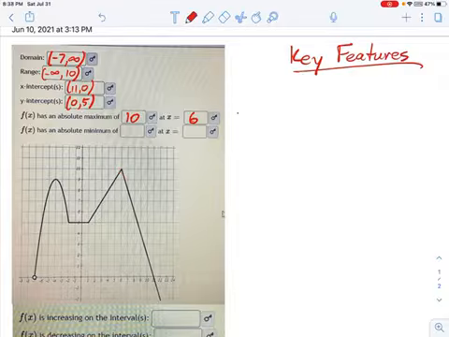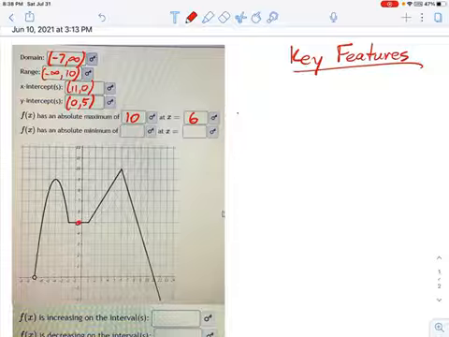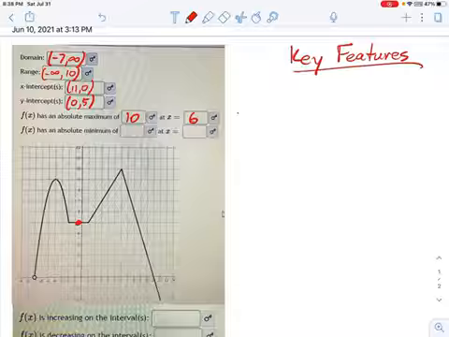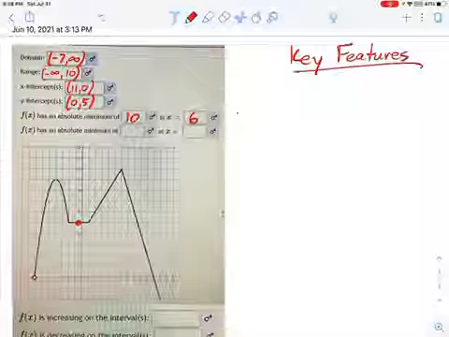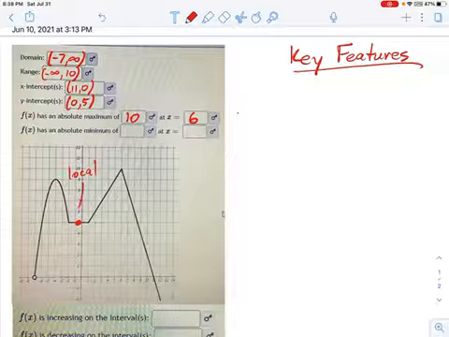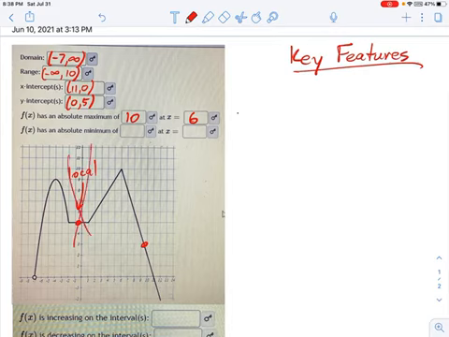Now, minimum. Let's talk about that. What's the absolute minimum? Well, here's a relative minimum, a local minimum, because if you look either left or right from that dot, nothing is lower than it. So that means that's a minimum. But it's a local. And I'm not talking about locals. I want to know absolute, because this value is lower than that other one to the left. So I know this is not the absolute minimum.